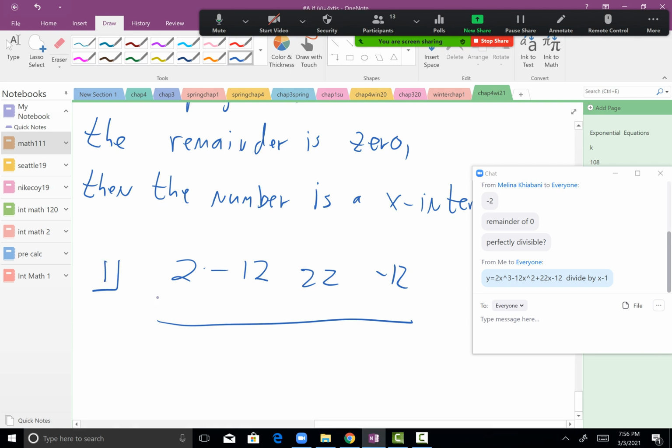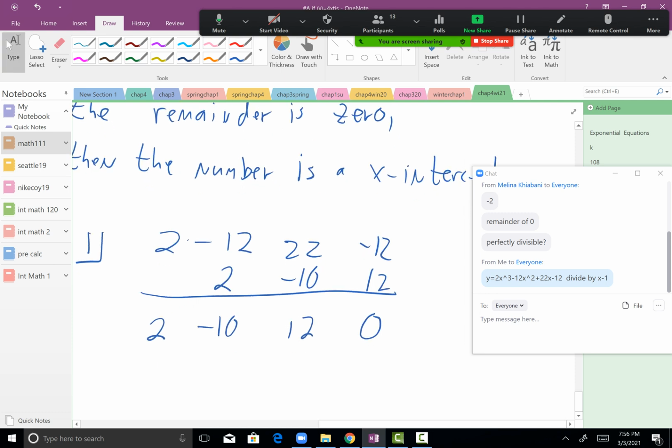Very good. Drop that down. 2, -10, 12, 0. So that means that x minus 1 is a factor.